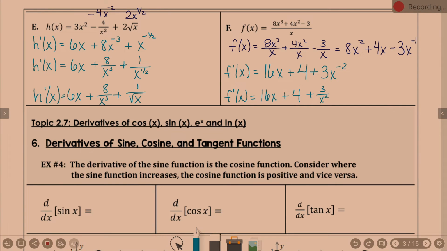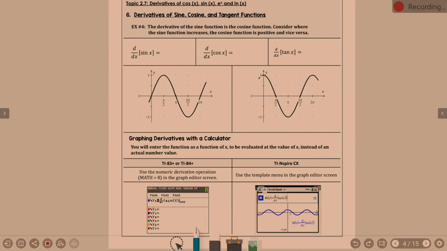So the derivative of, I guess they just state it right here, but then we're going to consider the graphs and how it connects here. Which means I probably gotta go to the next page. Yep. The derivative of the sine function is the cosine function.